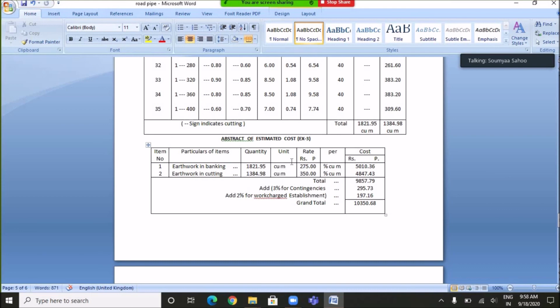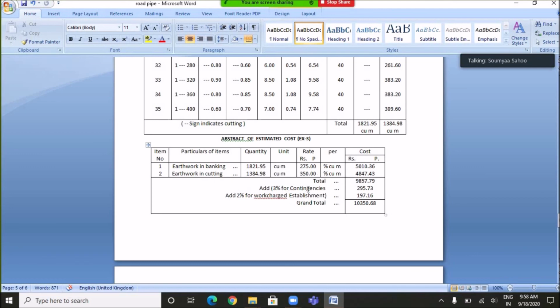So as per this, the cost is calculated as 5010.36 rupees for the banking work and 4847.43 rupees for the cutting work.